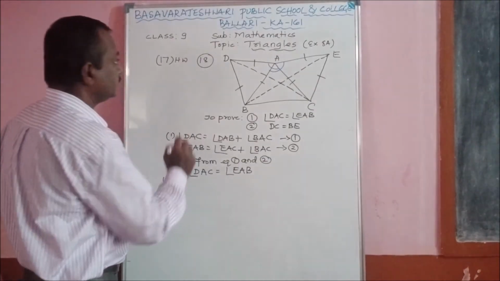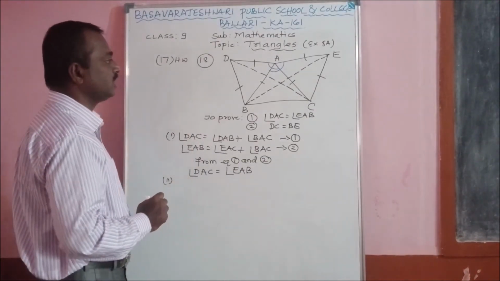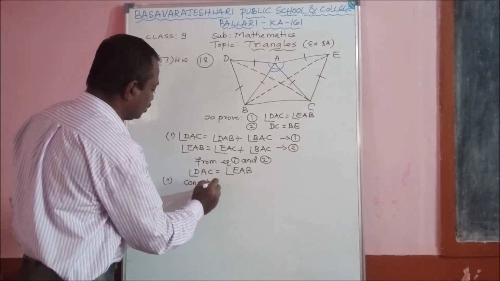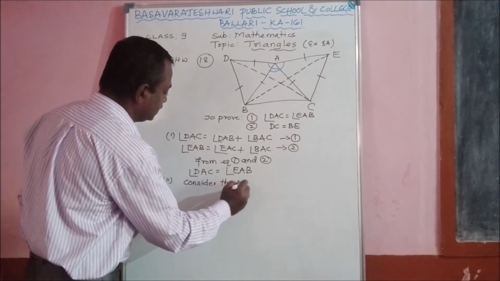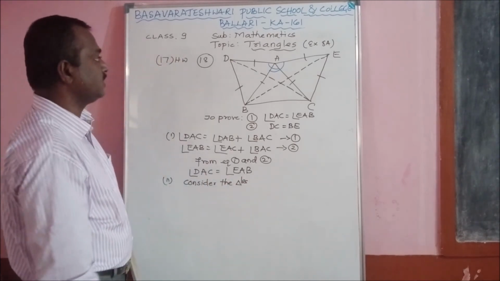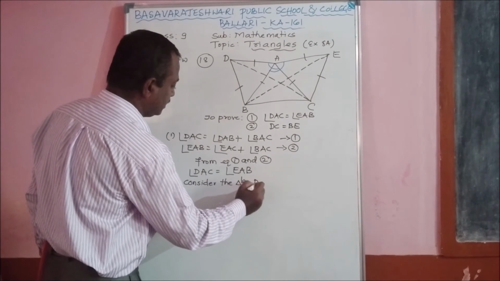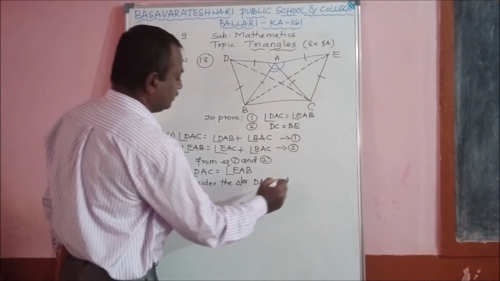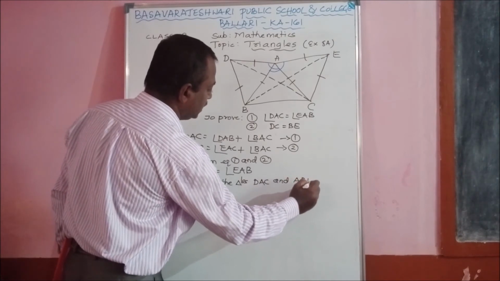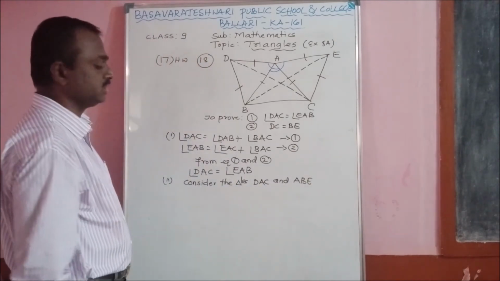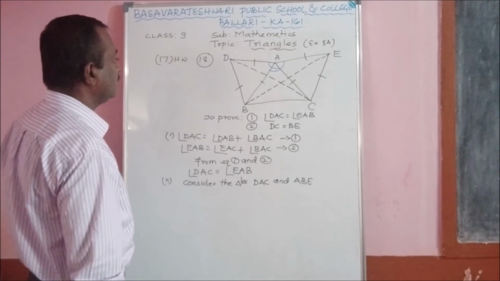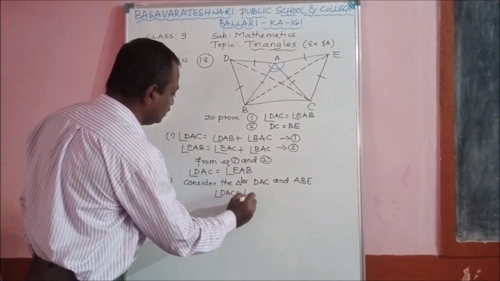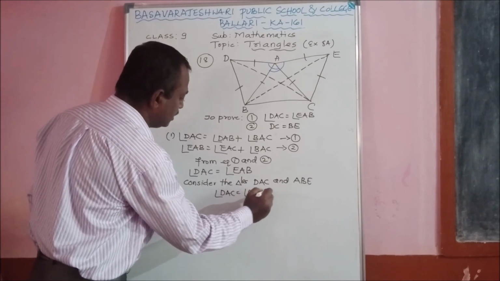Second answer, we have to prove DC is equal to BE. Consider the triangles. We have to prove the congruency. What are the triangles you have to take? DAC and ABE. Okay. We will consider these triangles. Now, already we proved the angles are equal. Angle DAC is equal to angle EAB, proved.